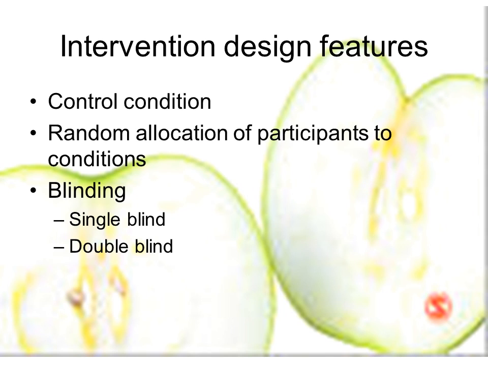We look at controlled conditions, random allocation of participants to the conditions, which would be like random sampling, and blinding, meaning that one group would not know the randomized control, and possibly two groups within one study would not know where they actually were within the study. So we call it a single blind and a double blind study.